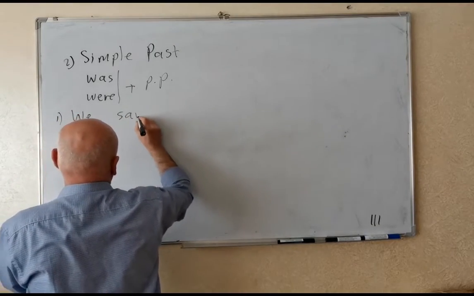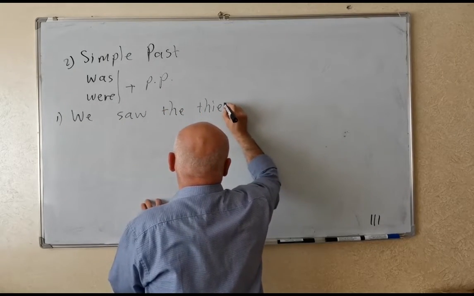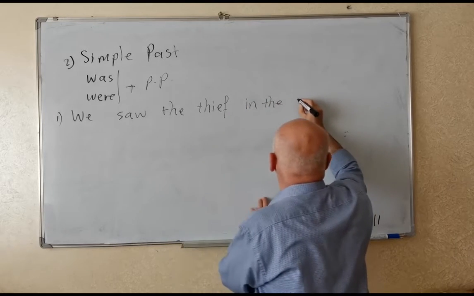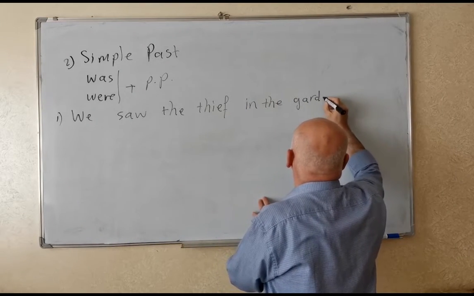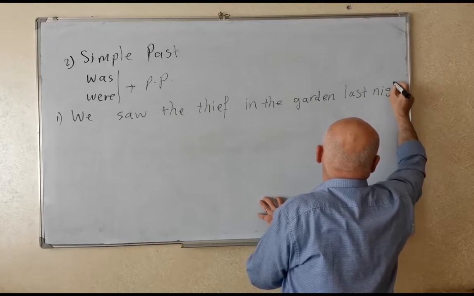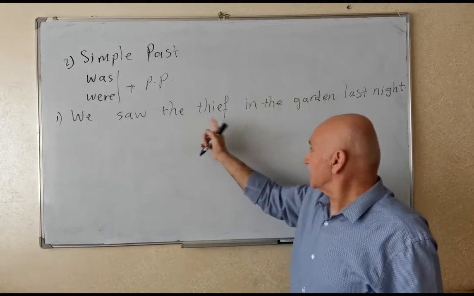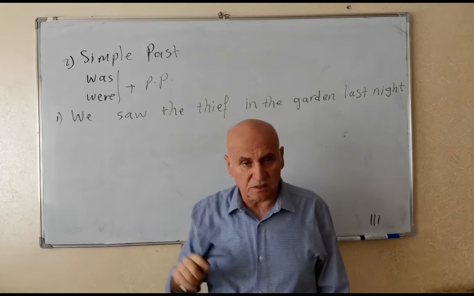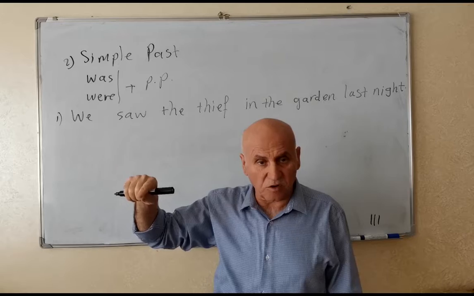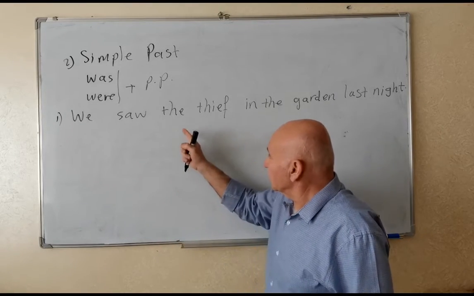Number 1. We saw the thief in the garden last night. We is the subject, saw is the verb, which is in the past form, verb 2, and then an object. We begin with the object.